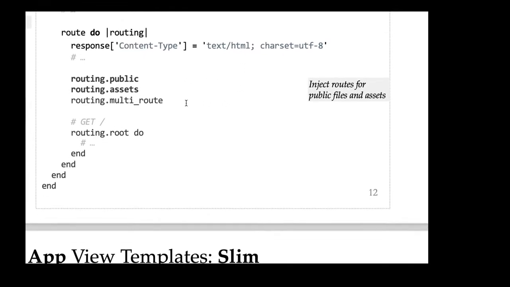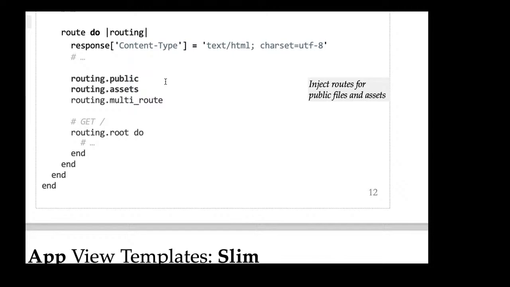A couple more things you've got to do. In the beginning of your routing, before you actually get to your actual routes, you've got to write routing.public and routing.assets. This basically tells Rhoda that if somebody's looking for public files, you're not going to find them in my routes. You're going to find them here.